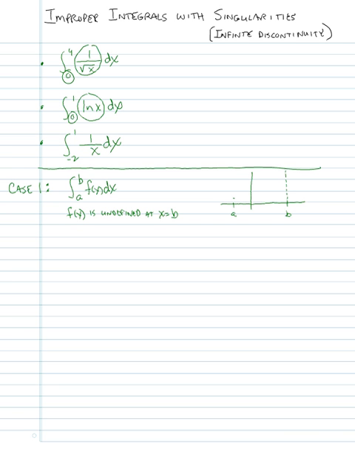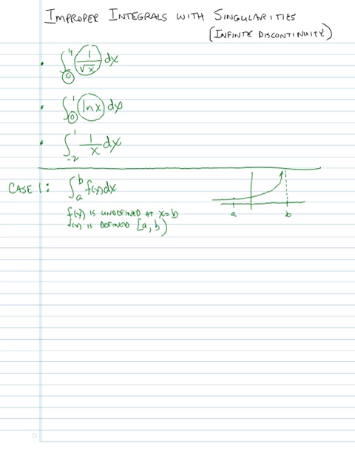I'm being a little imprecise here because f of x is defined from A, including A, up to B, but not including B. And so whatever this function looks like, at this position we have an infinite discontinuity.